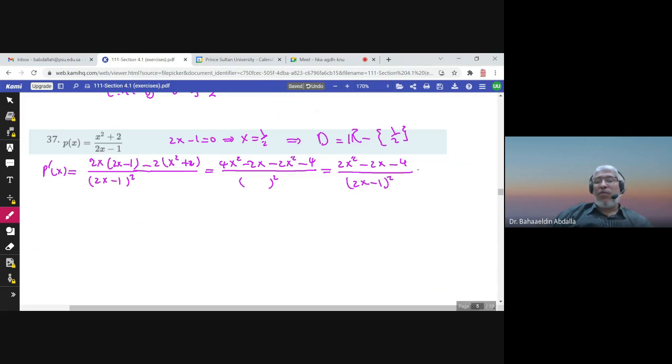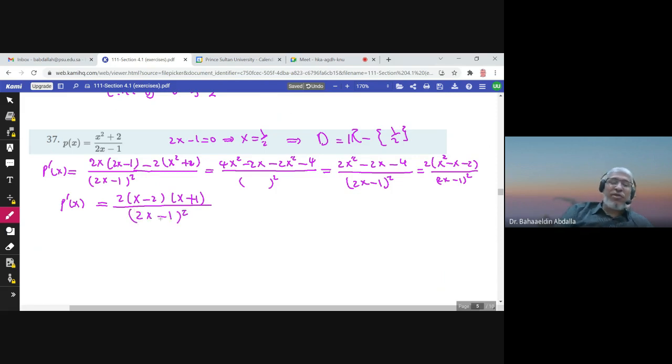Now, if I take 2 as a common factor, I'll have x squared minus x minus 2 over 2x minus 1 squared. So finally, p prime of x would be, I can factor the numerator x minus 2 times x plus 1 because minus 2x plus x is negative x over 2x minus 1 to the power 2.